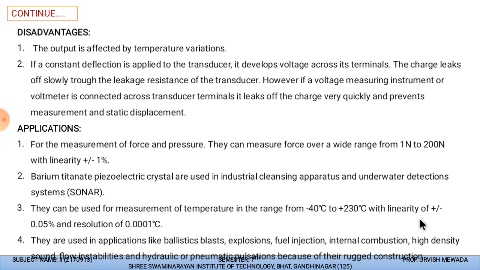The fourth application is in ballistic blast and explosion, fuel injection and internal combustion, and high density sound flow or pneumatic pulsation, because of their rugged construction they can be used for such applications.